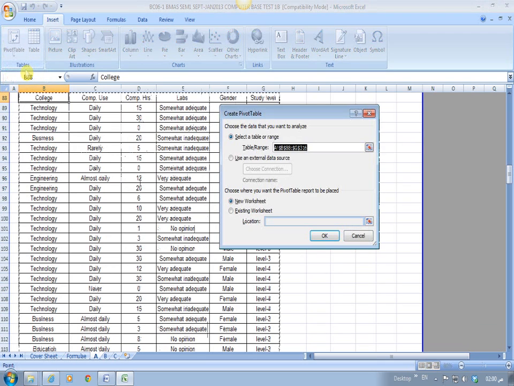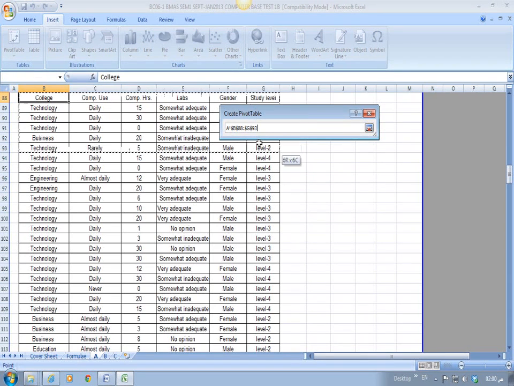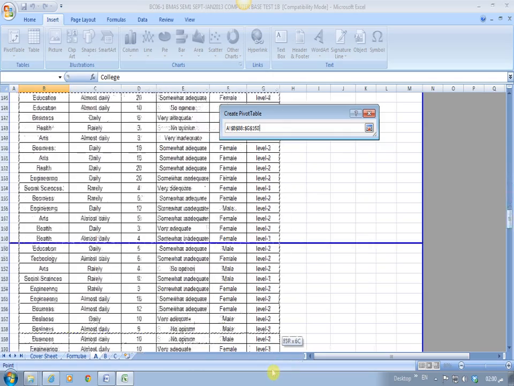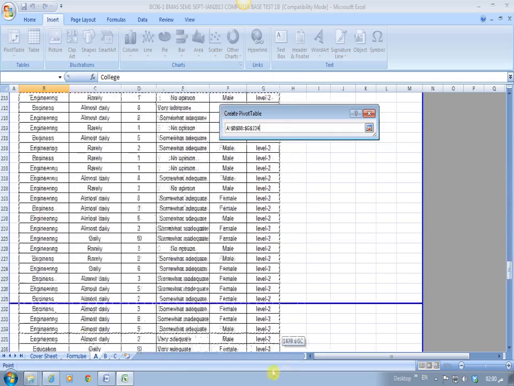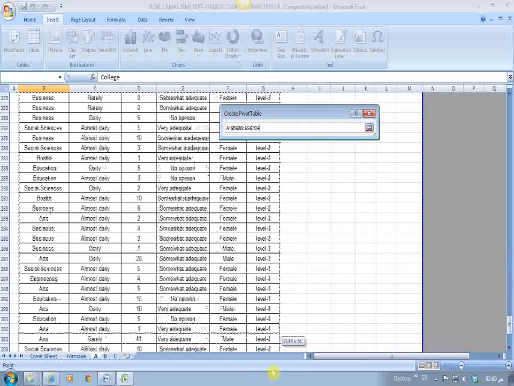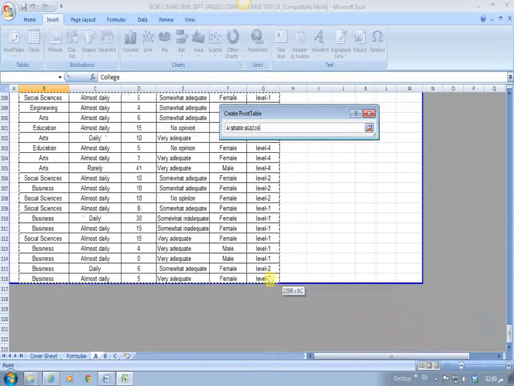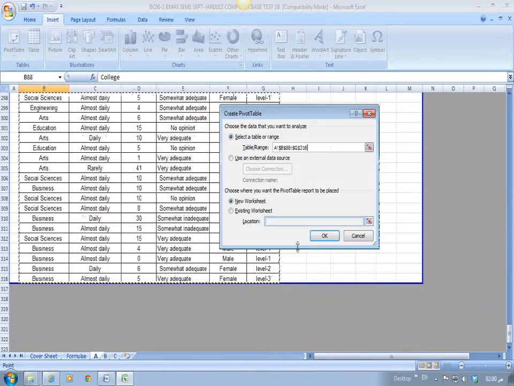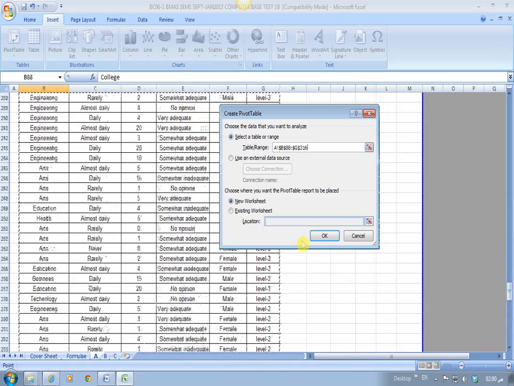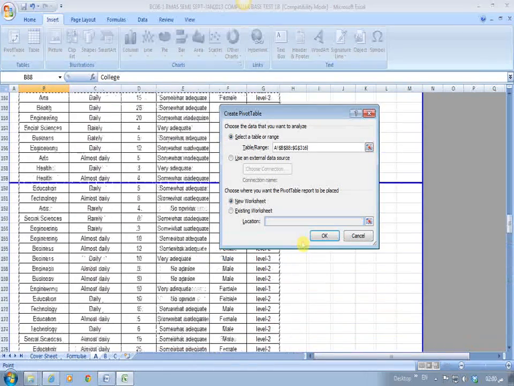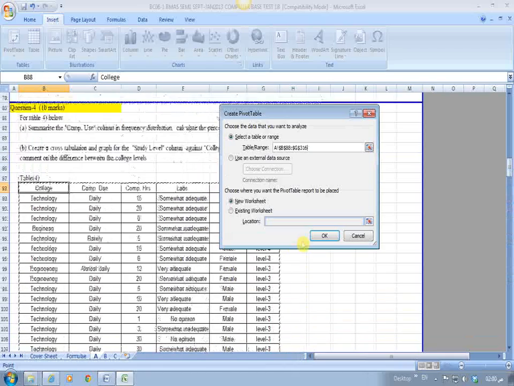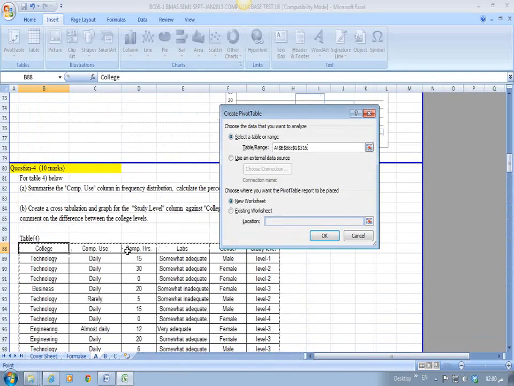Just click pivot table, and make sure that you highlight your data all from the headings until the end of the data. See here, this is the data. I highlight all the data, including the titles, because you need titles.